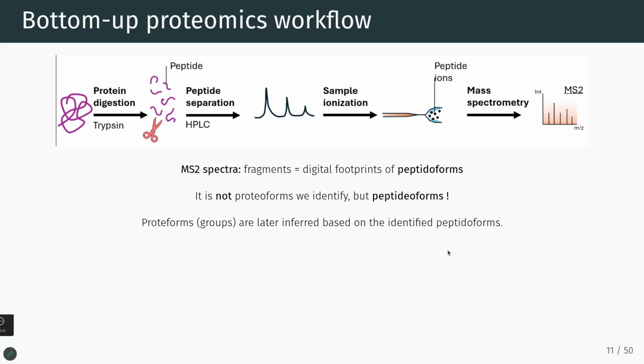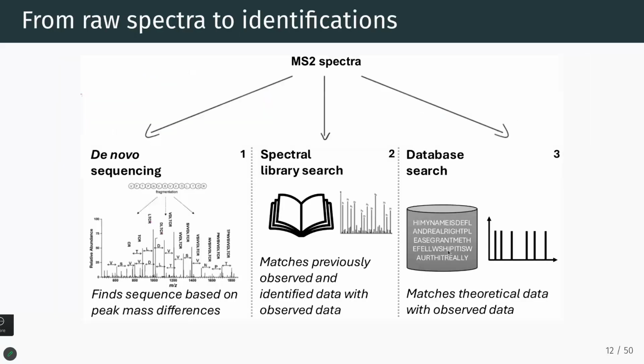So now we have generated our MS2 spectra, but how do we actually identify which peptides these spectra come from? There are three main methods that we can use. De novo sequencing being the oldest one, for which we find a sequence based on the peak mass differences within an MS2 spectrum.